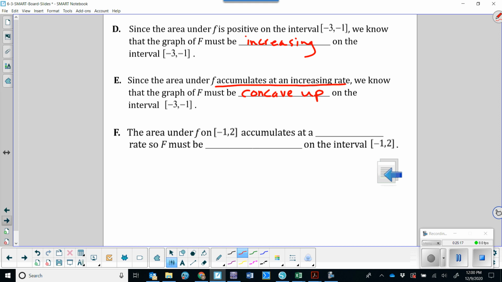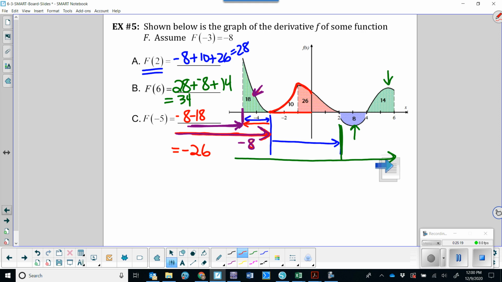If I go from -1 to 2, it is increasing from -1 to 2. So I have to erase some of this so we can see this better. If I look from -1 to 2, I see that the function is positive, but the accumulation of area is at a decreasing rate, okay?